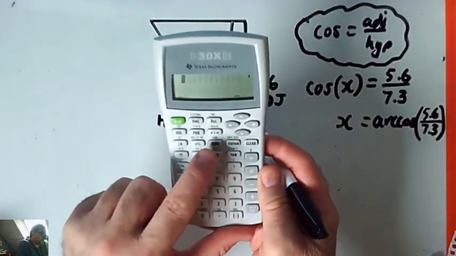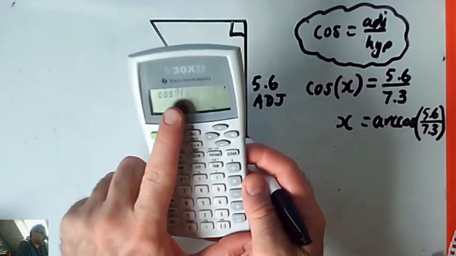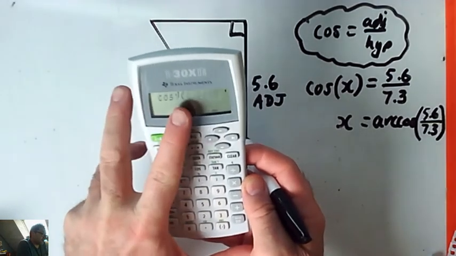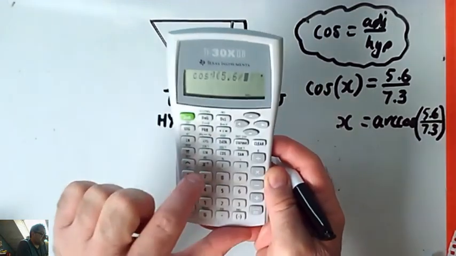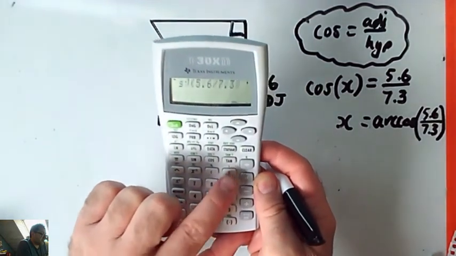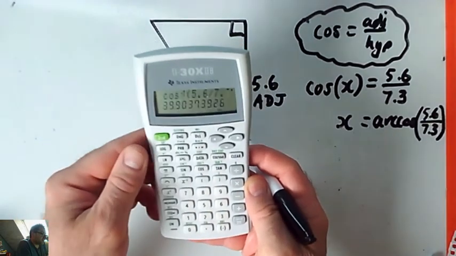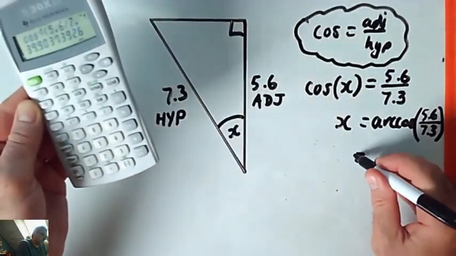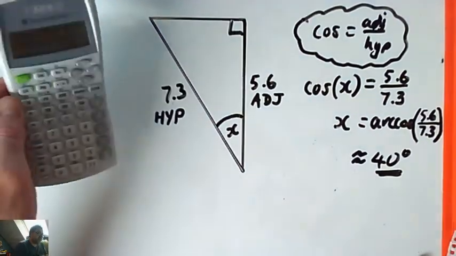The shift button to get arc cos rather than cos, and it gives me that horrible -1 notation I don't like. It's opened some brackets for me. 5.6 divided by 7.3, close the brackets again, and equals 39.9, so approximately 40 degrees to the nearest degree.